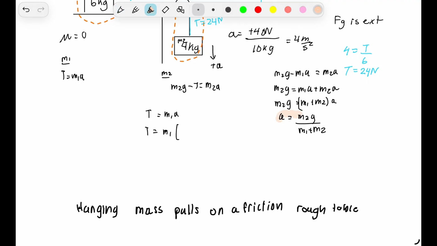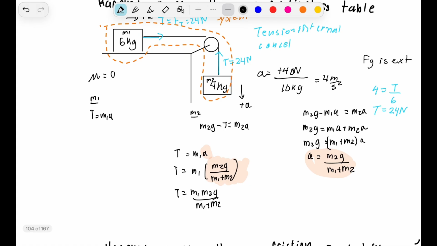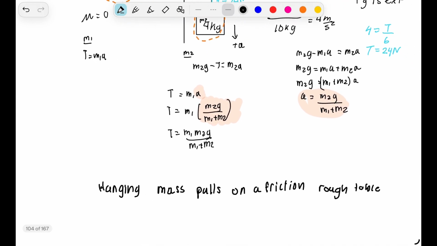So you're taking this. So your hanging mass weight is going to be the thing that is driving our entire system.